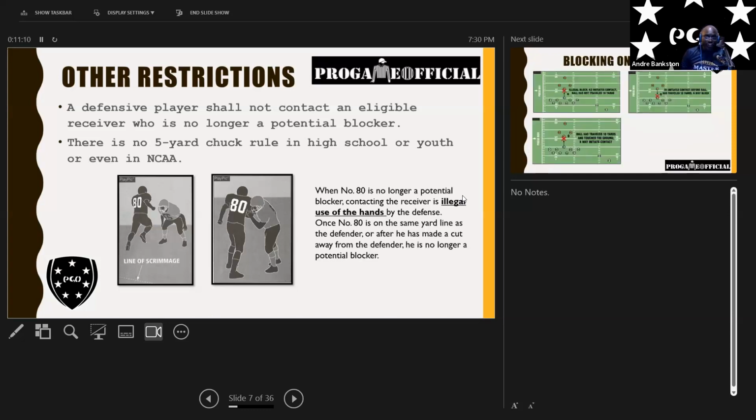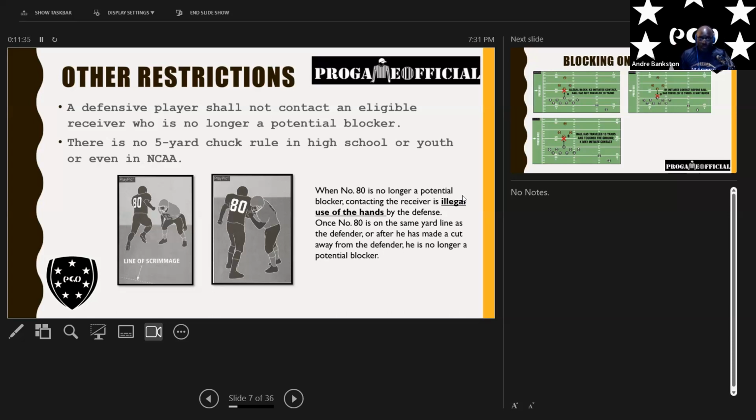When number 8 is no longer a potential blocker, contacting that receiver is illegal use of the hands by the defense. Once number 8 is on the same yard line as the defender, or after he has made a cut away from the defender, he is no longer a potential blocker. And if you make contact with that individual, that is a foul for illegal use of the hands.